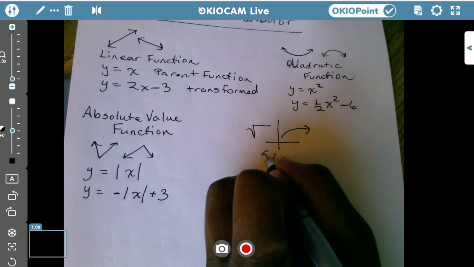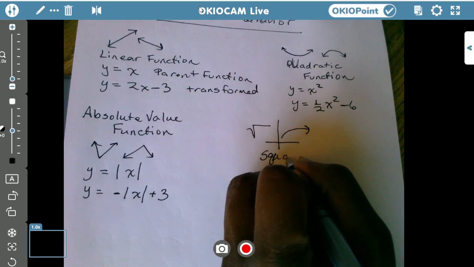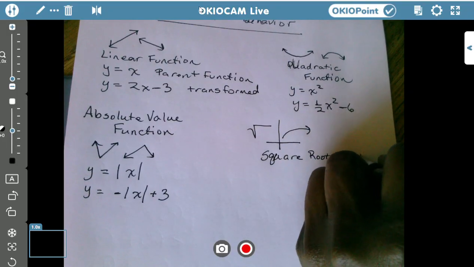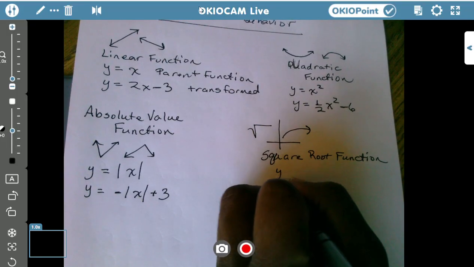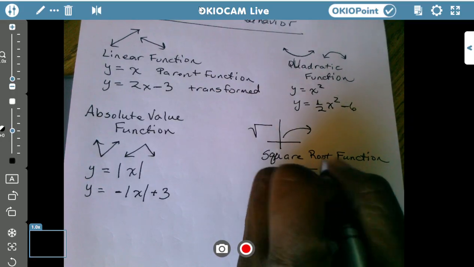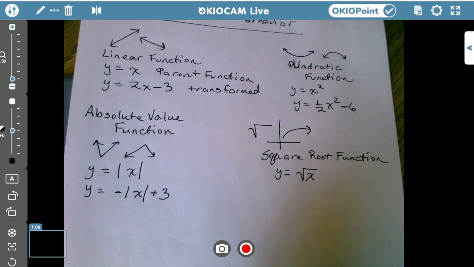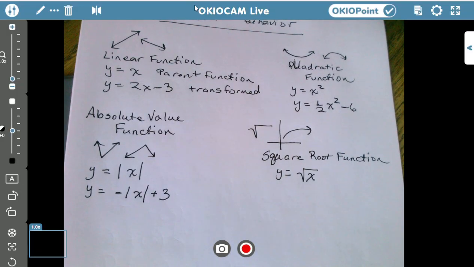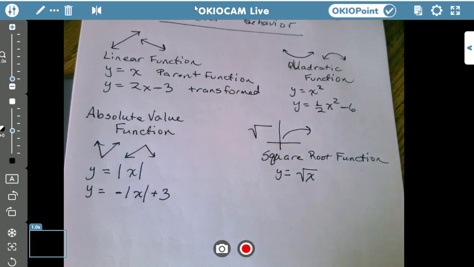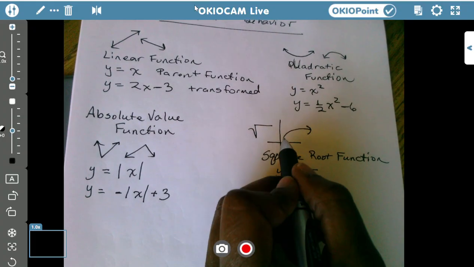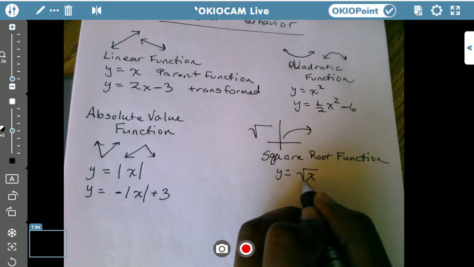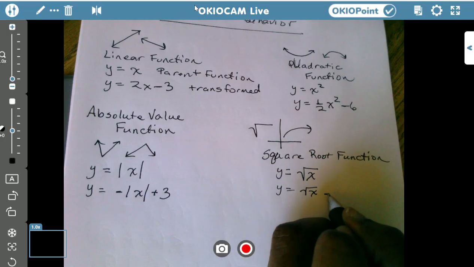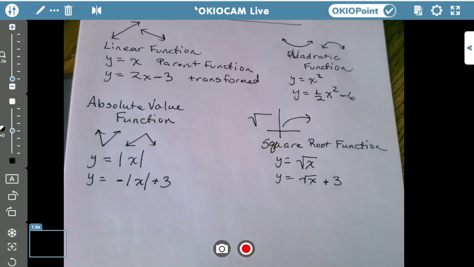So this is the square root function, y equals the square root of x. So the square root function is shaped like so. This is the parent, and of course we can always transform it to be something silly.